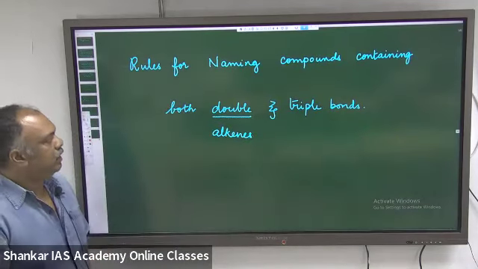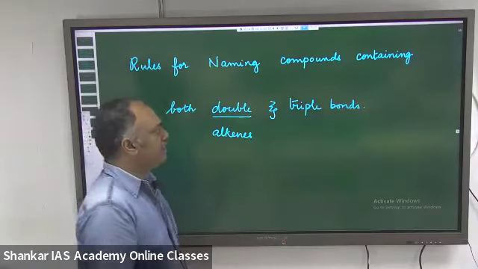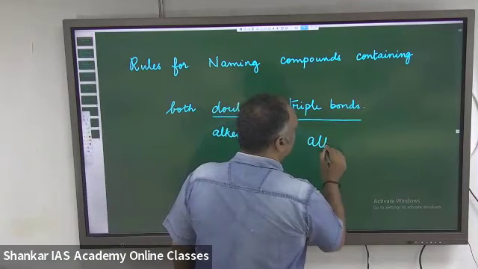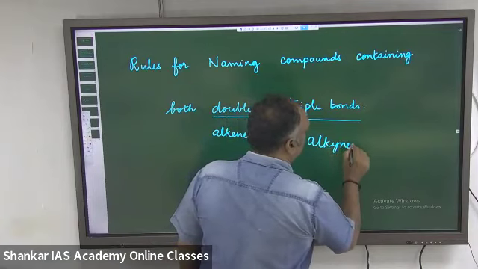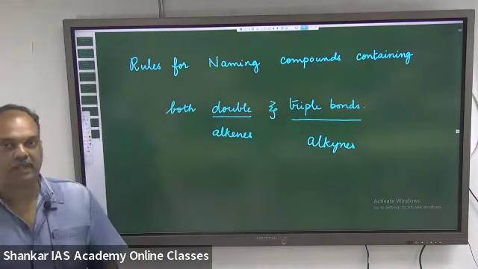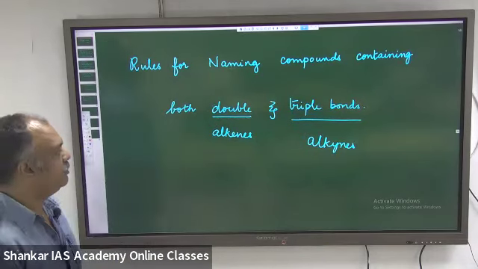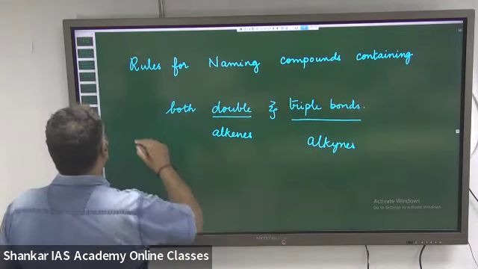And when an organic compound contains a triple bond, we name them as alkynes. Presently we are going to see how to name an organic compound if it contains both alkenes and alkynes.